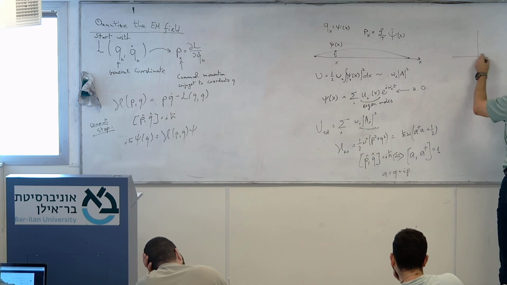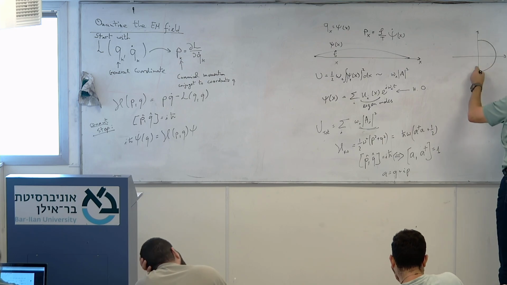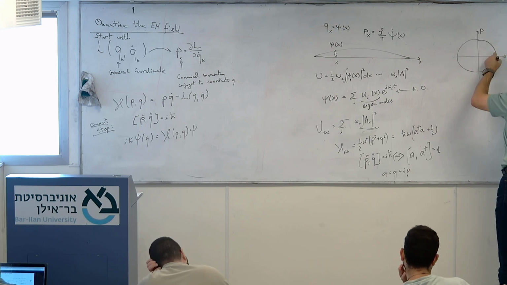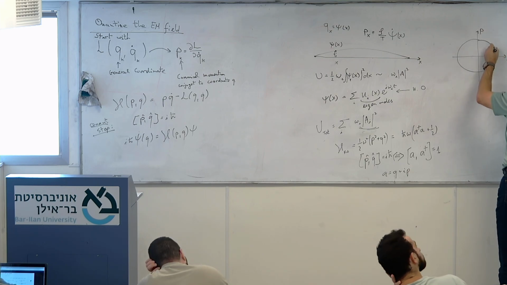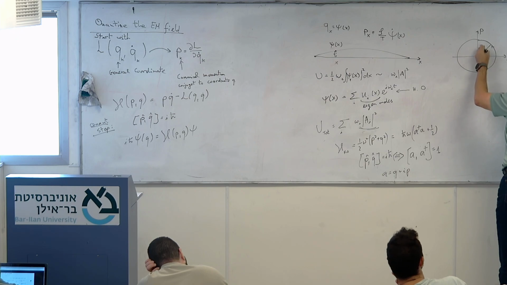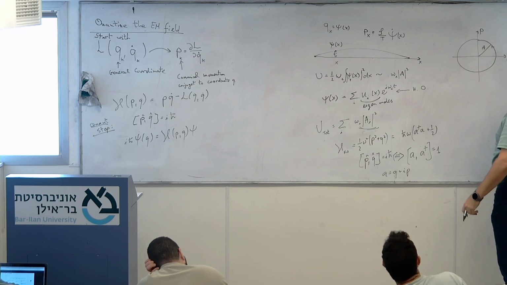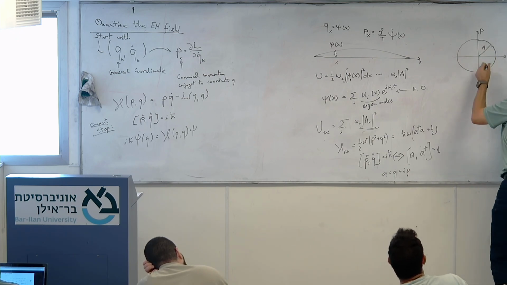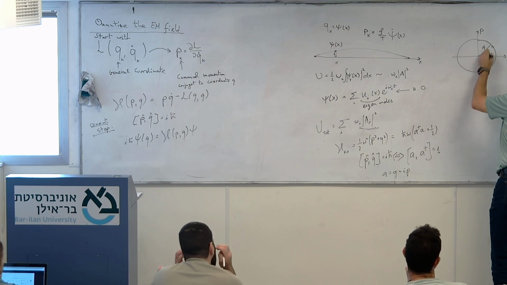And as we said, classically, the trajectory of a harmonic oscillator in the QP plane is simply a circle of amplitude A with a phase that depends on time.